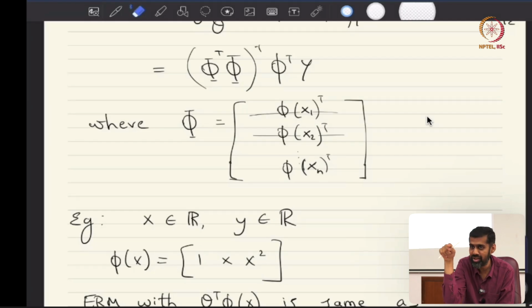You will see that h_B of x will be some linear function of data. If the variances are the same and the means are different, then it becomes a linear function of data. It will become linear regression.